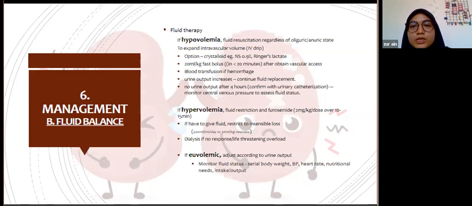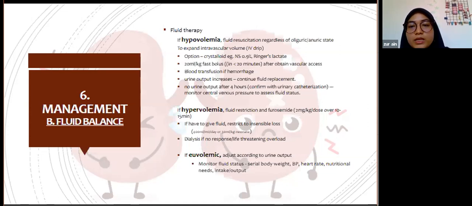Our option must always be a crystalloid. We give crystalloid at 20 ml per kg fast bolus in less than 20 minutes. Another option is to give blood if hemorrhage is the cause of the shock that led to AKI.